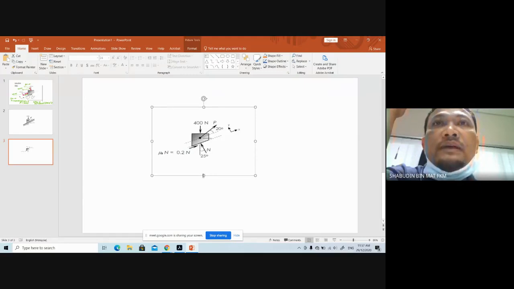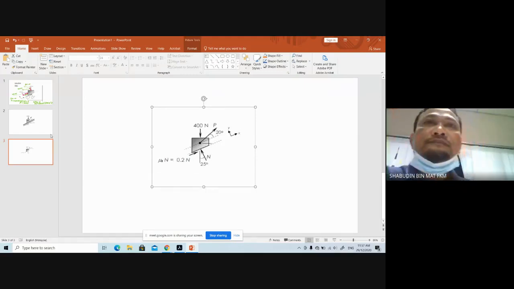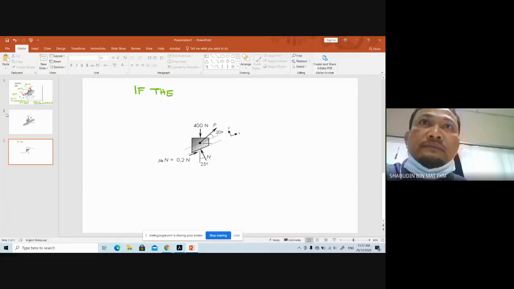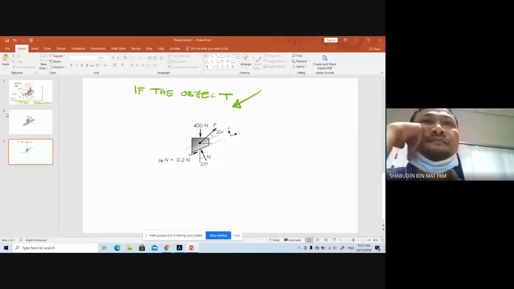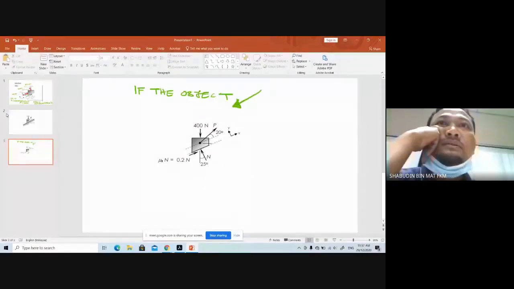If the object is falling down, this is in engineering. Another situation is where it may fall up.